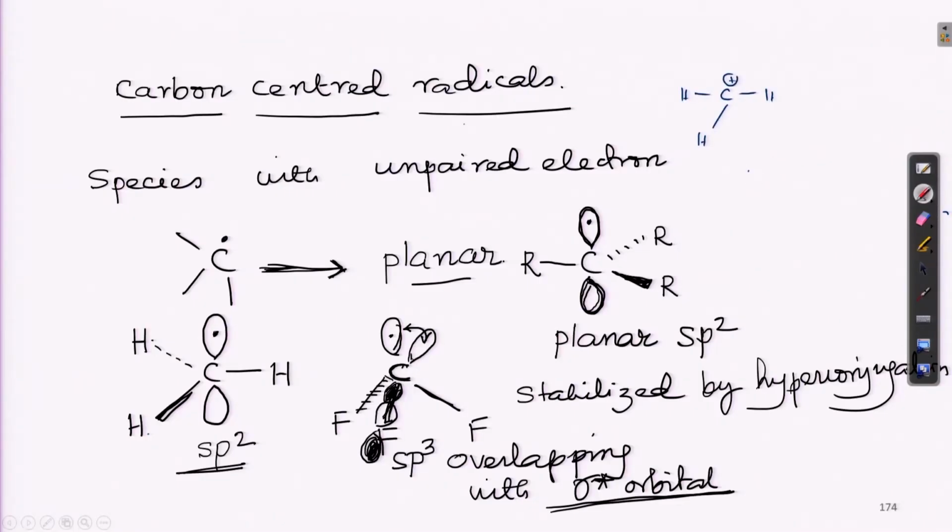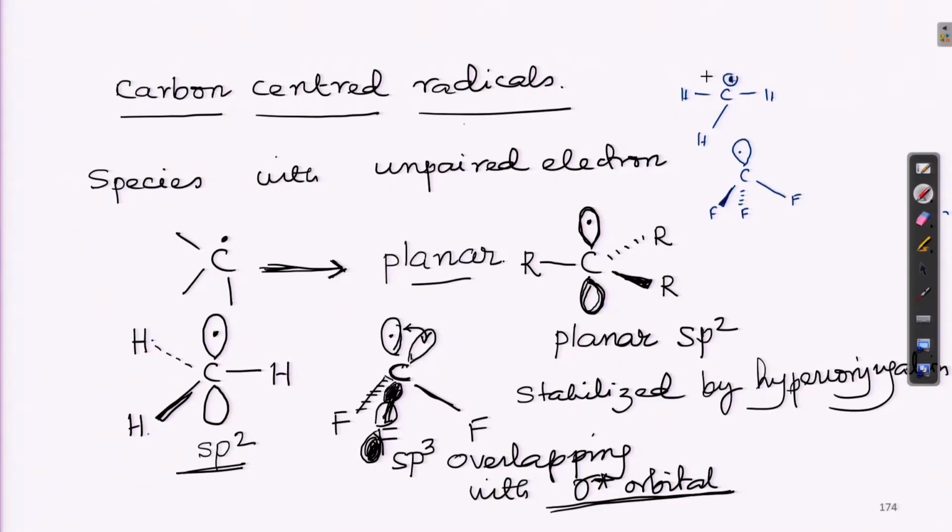However, if you have a trifluoromethyl radical, then that assumes the sp3 hybridized character of the carbon. So, now this is mostly like this, okay. And what is the reason for that? Okay, I forgot what, sorry, this is radical, okay.